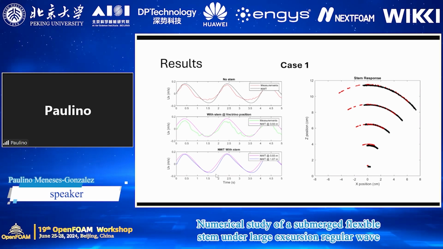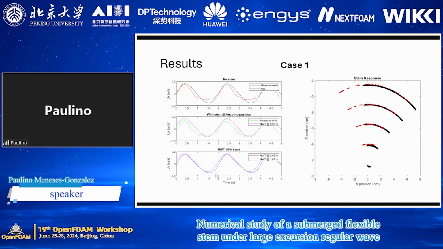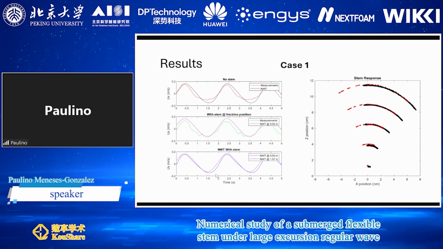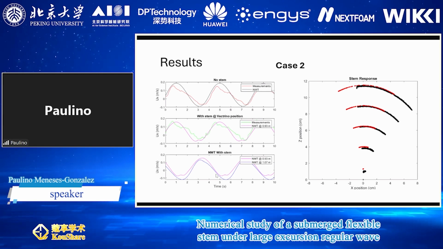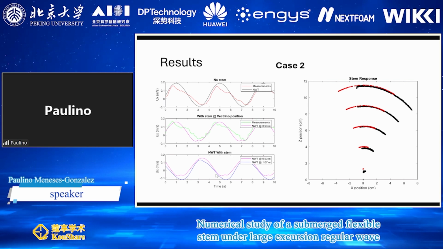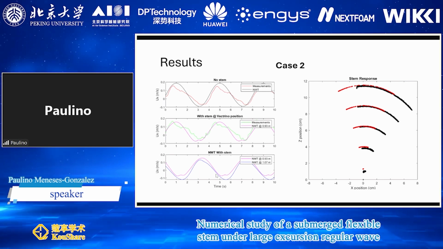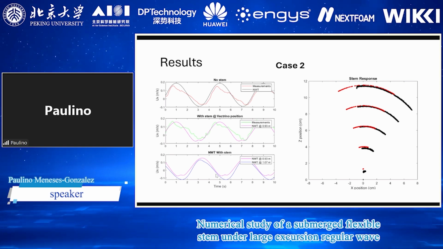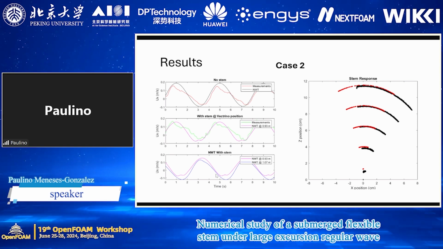I mean, the lower point is moving forward in comparison with the plot before the stem. And for case two it is the same. The stem response is still oscillating around the initial deformation, but the oscillation rate is very similar to the simulation.